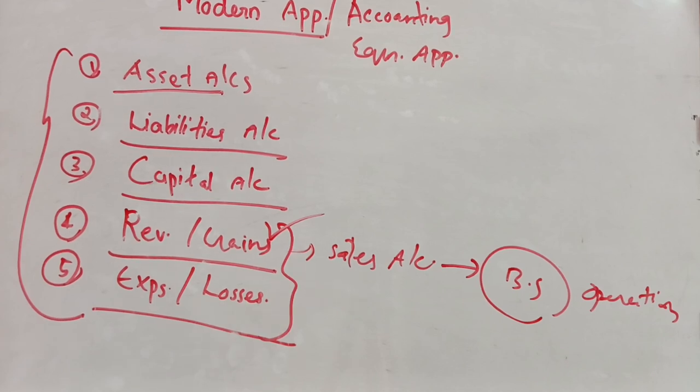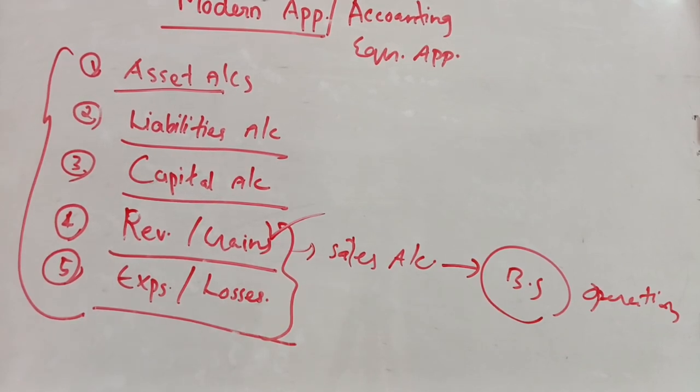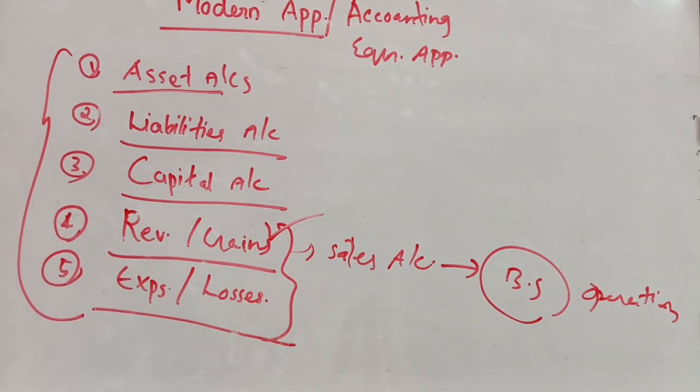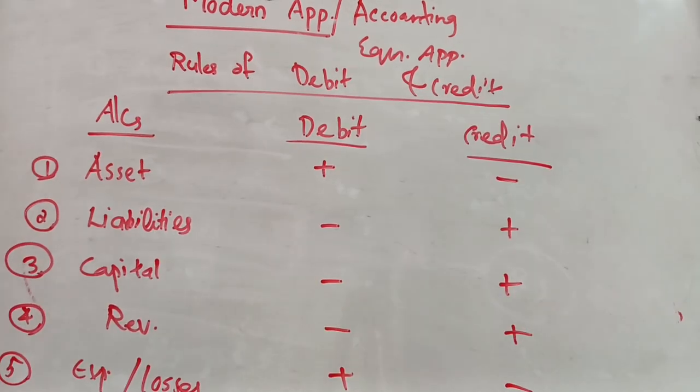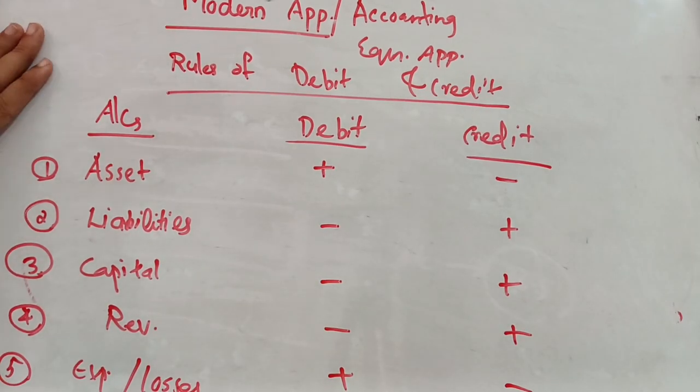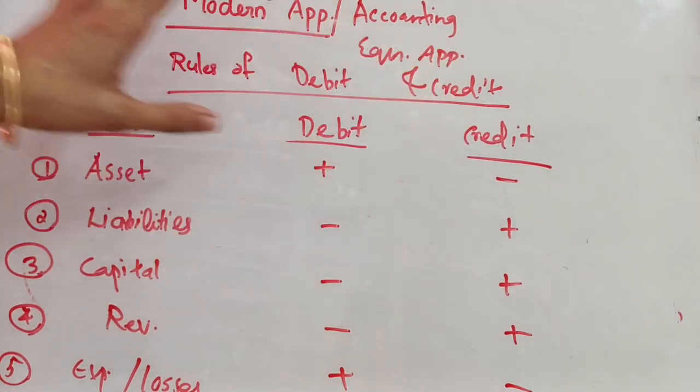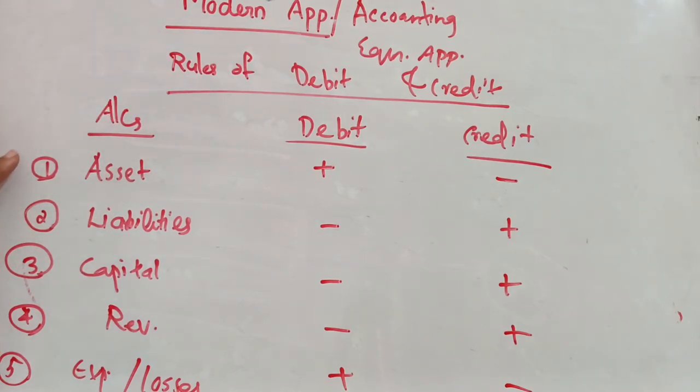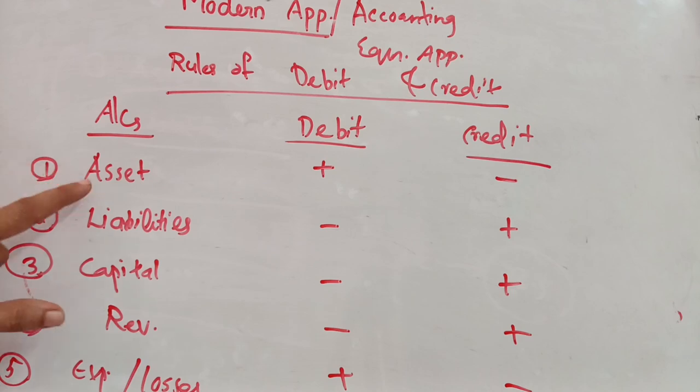Now we can discuss the rules of debit and credit according to the modern approach. As per the modern approach, the accounts involved are five: assets account, liabilities account, capital account, revenue or gains account, expenses or losses account.